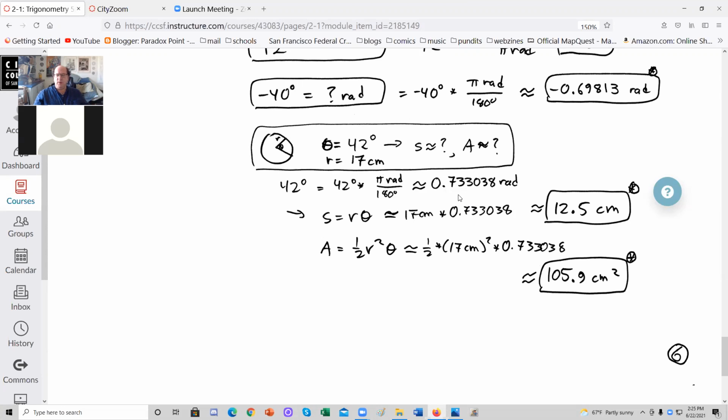Theta is 0.733038 radians. Multiply it out, you get, to 3 significant figures, because that's really all it's justified, 12.5 centimeters. A is 1/2 r squared theta. 1/2 times 17 centimeters squared times 0.733038, approximately 105.9 square centimeters.